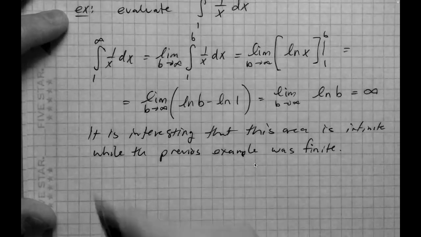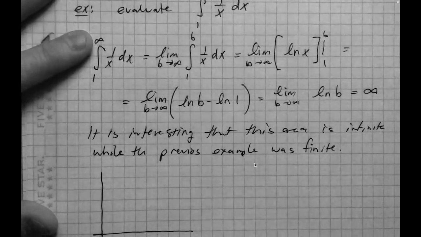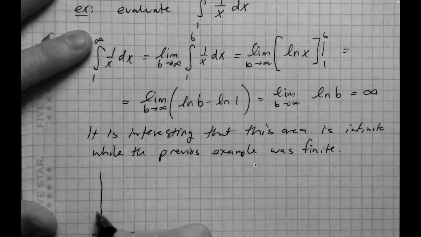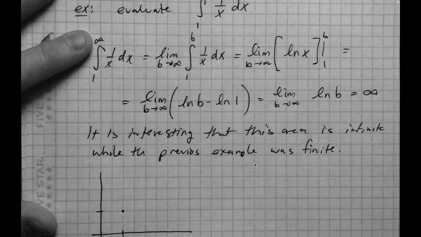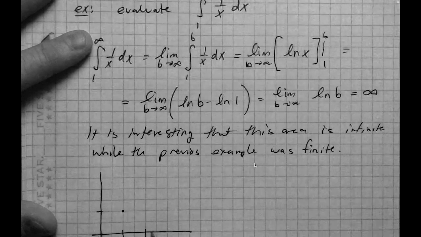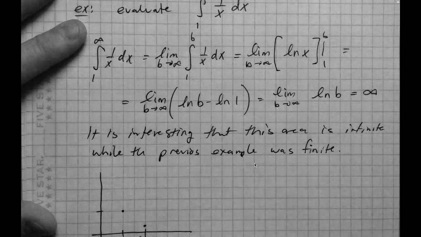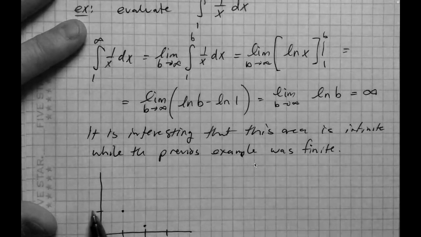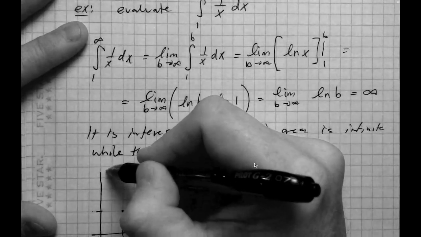Now the previous example was 1 over x squared, wasn't it? So let's write this out here. At x equal to 1 it is 1, and when x is equal to 2, 1 over x squared is a fourth. And when x is 3, 1 over x squared is a ninth, so it shrinks very, very rapidly here.